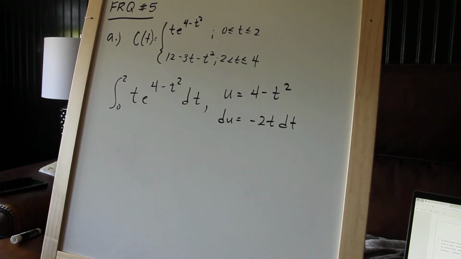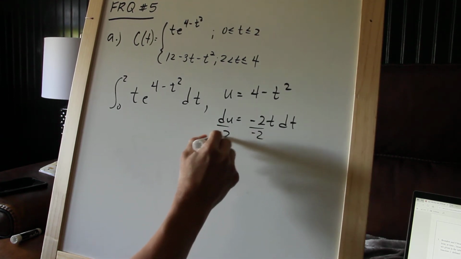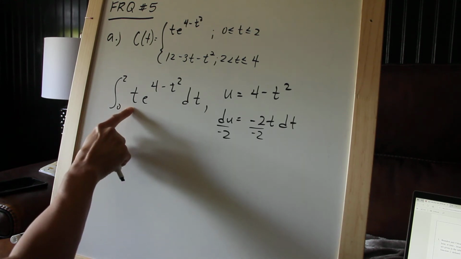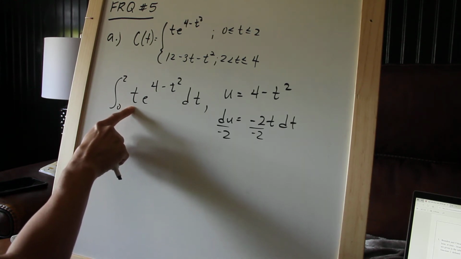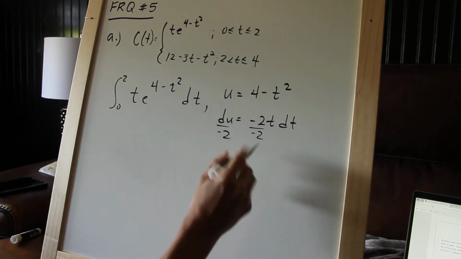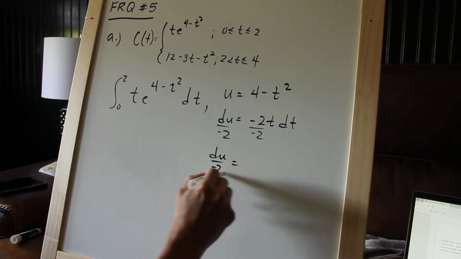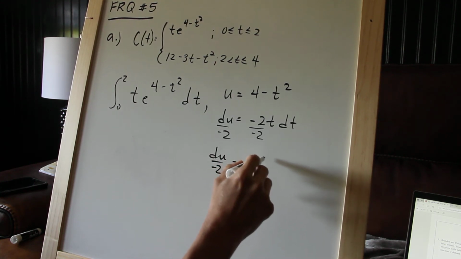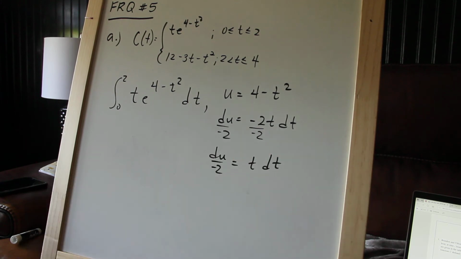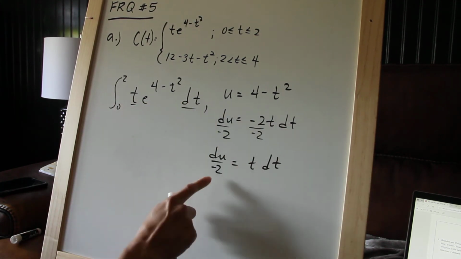Now, I need to move this negative 2 to this side, because if I look at it over here, this t in the original integral does not have a negative 2 in the front, so I got to remove it by dividing it over to the other side, and du over negative 2 now equals t dt. So now this and this is now replaced with that.